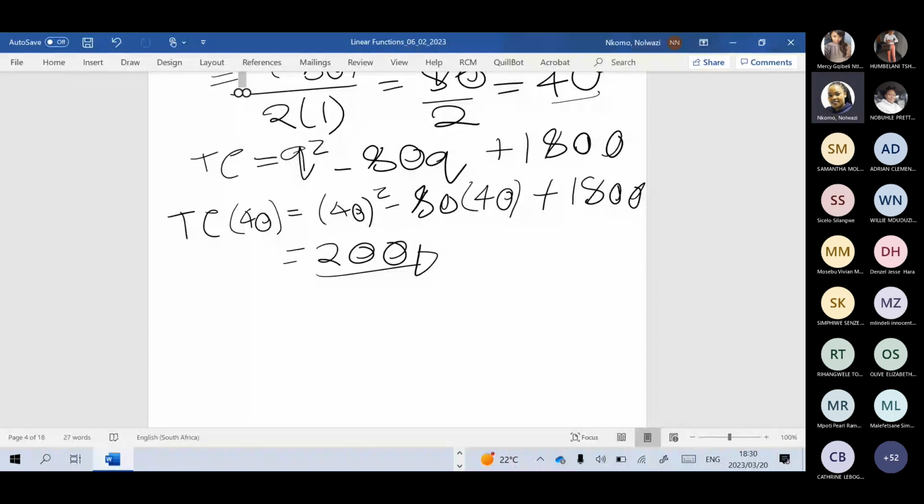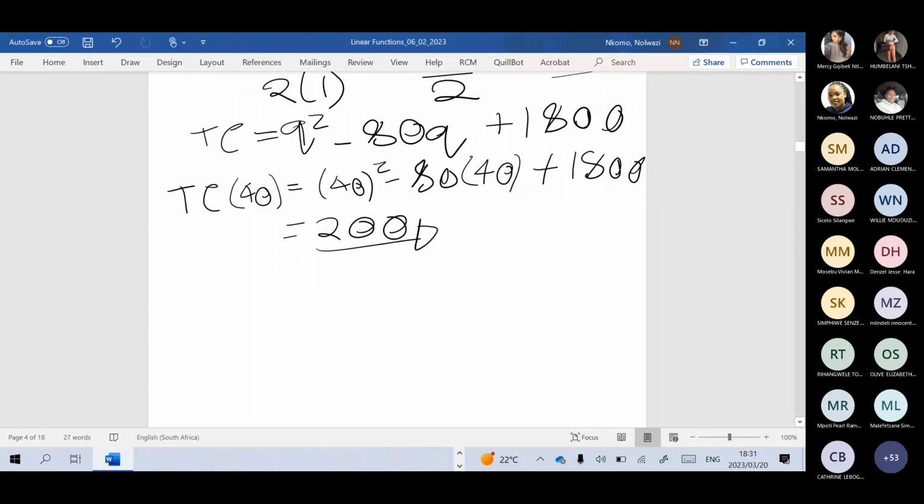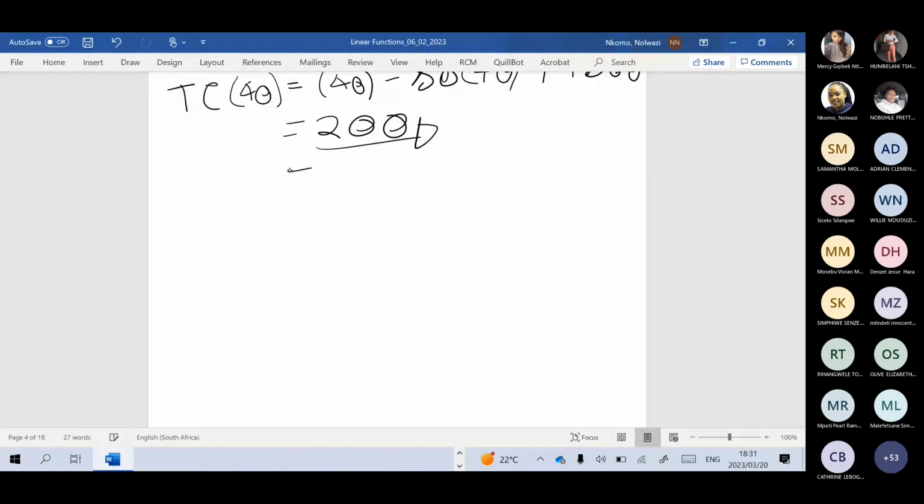Let's do one more example, where now we are maximizing the profit. Suppose you are given a firm's total revenue and total cost.